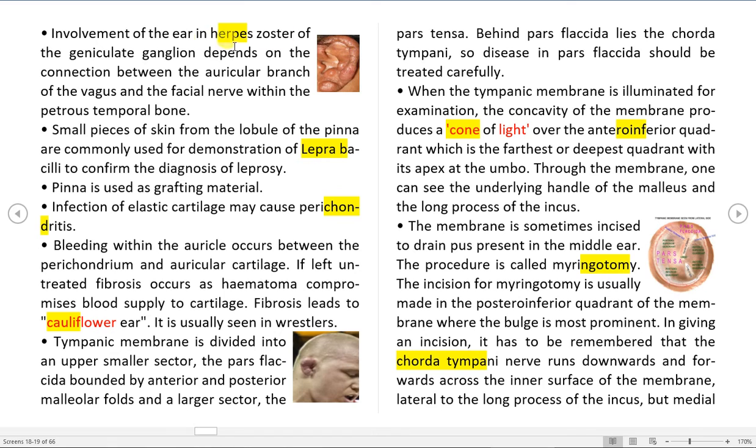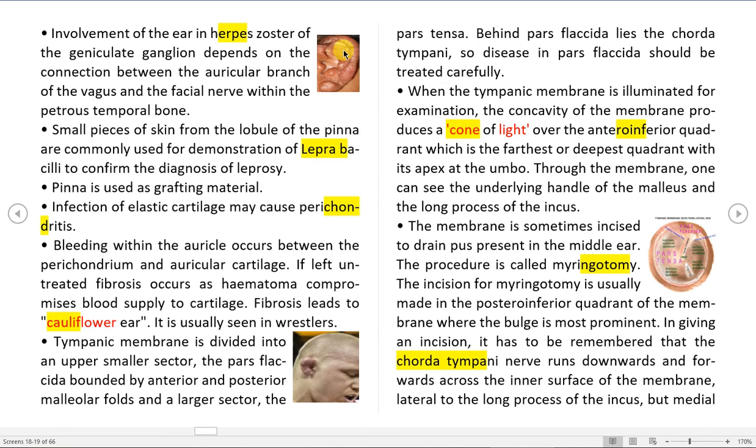In case of infection by herpes zoster virus, infection in the nerve branch of the facial nerve and geniculate ganglion of the facial nerve can spread from the facial nerve to the vagus and different branches. So the skin supplied by these nerves will have herpes zoster in its typical infection pattern.